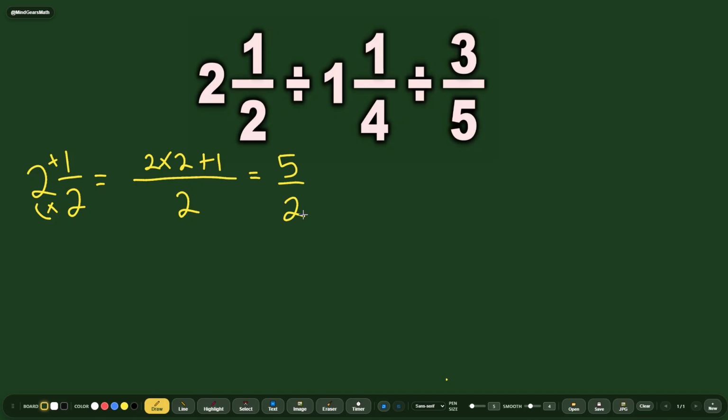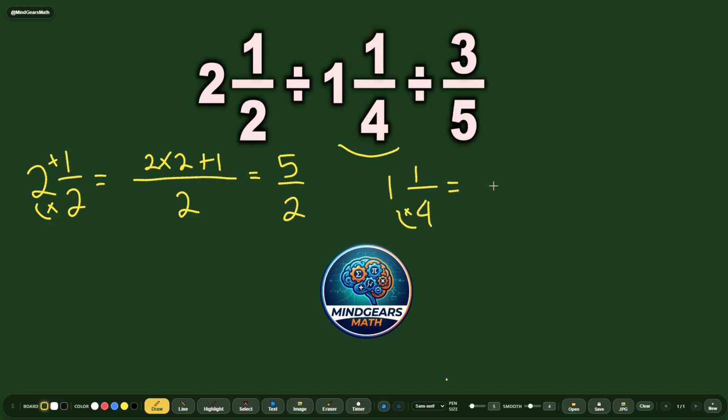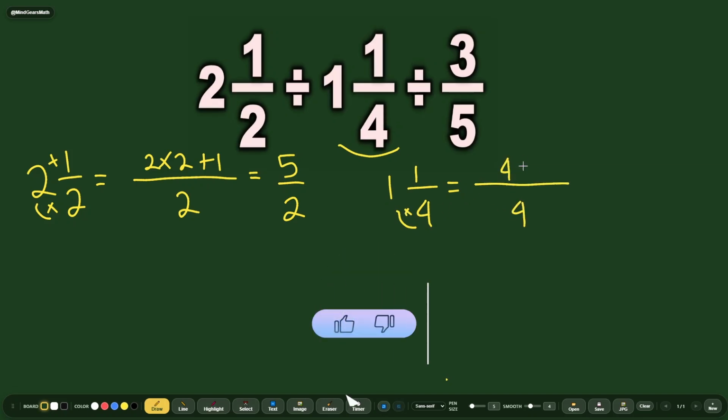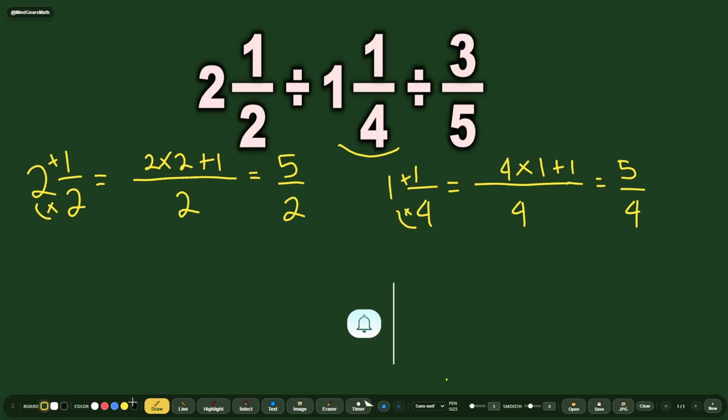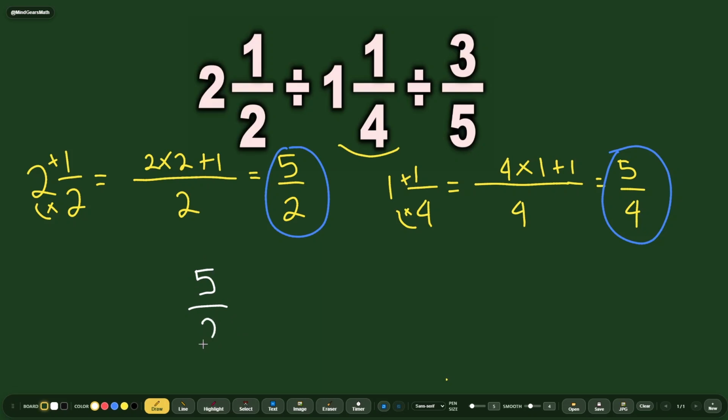In the same way, 1.25 becomes 5/4. So now our problem reads 5/2 divided by 5/4 divided by 3/5.